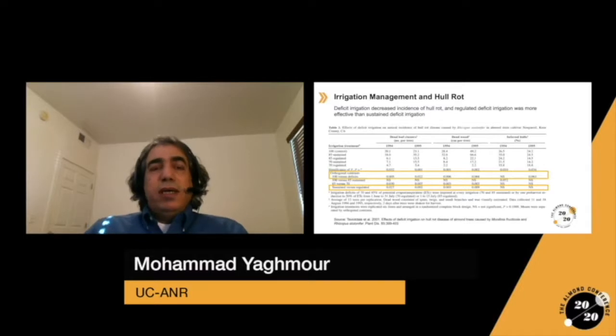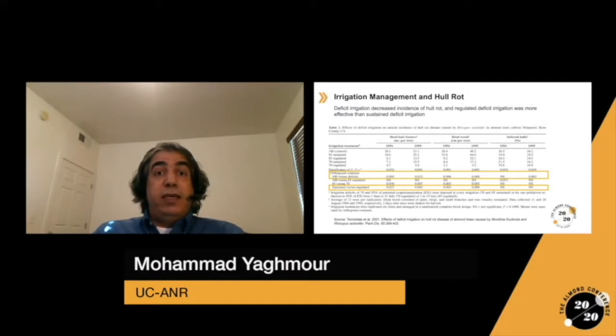So in short, previous work had clearly shown that regulated deficit irrigation will reduce the incidence and the severity of this disease significantly. So it's always important to implement irrigation management when we are talking about hull rot.